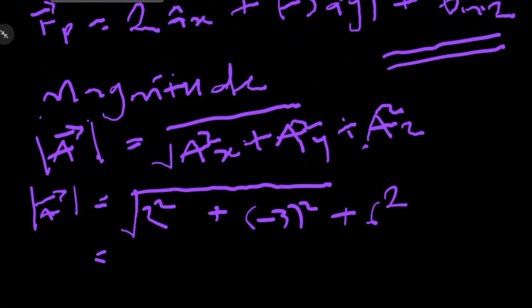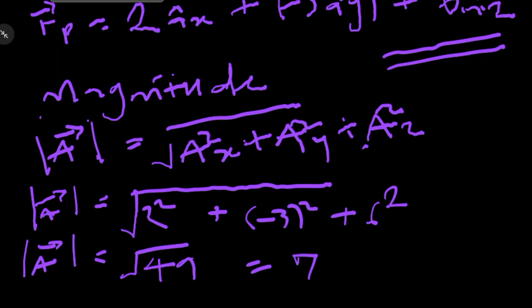If you do the math here, we should have the square root of 49, which is equal to 7. This is the answer to our magnitude.